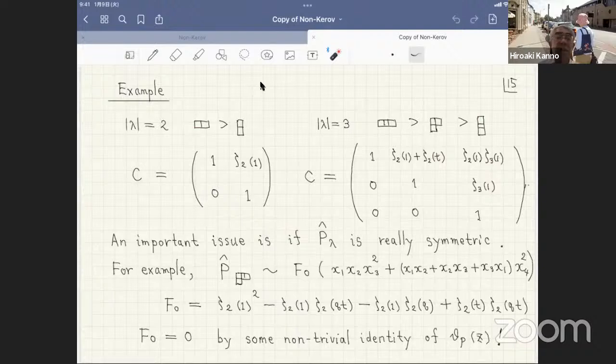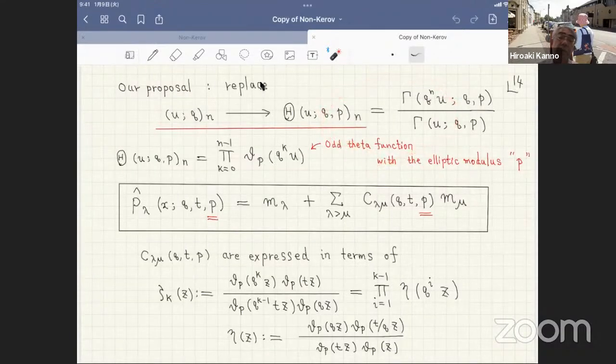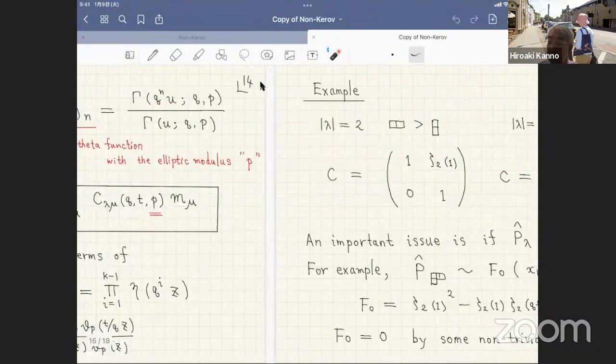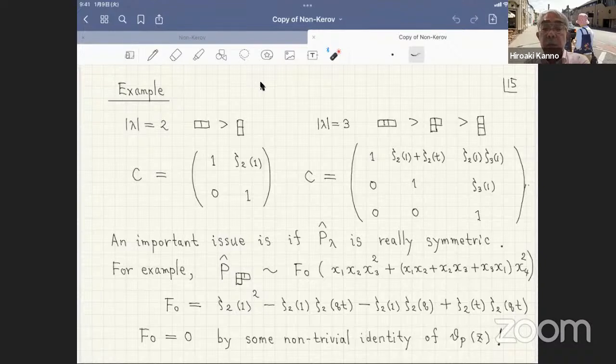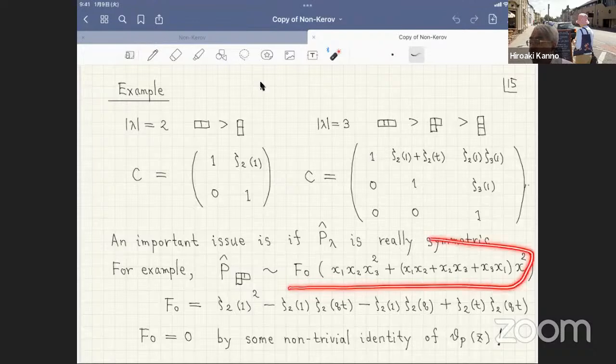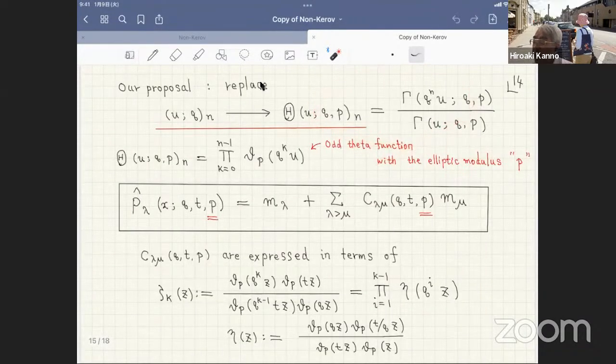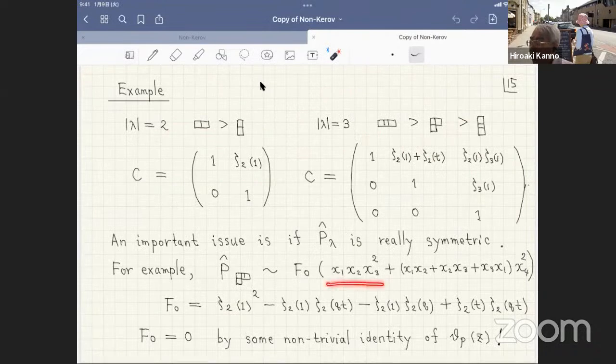So finally, here's an important issue. This kind of deformation does not necessarily guarantee the resulting polynomial is really symmetric. For example, in the next level, level 4, the number of boxes are 4. Here appears such a kind of terms after this kind of deformation. So this is clearly non-symmetric in X, right?